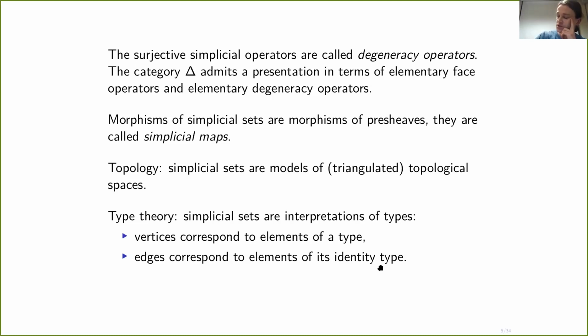Okay, so we have set up the category. Let's introduce some notions in that category and build up some homotopy theoretic framework in there.